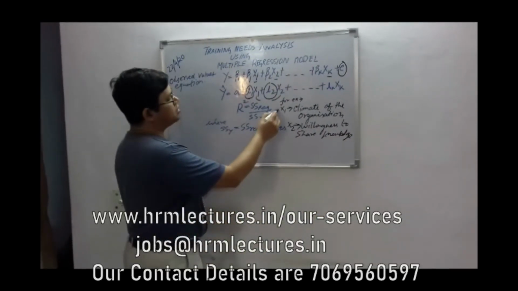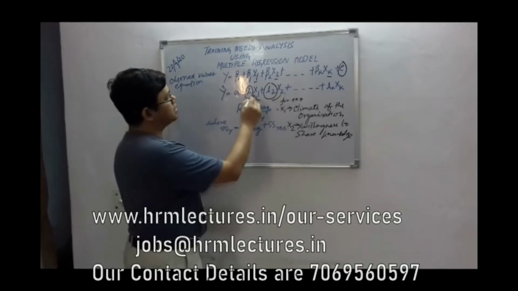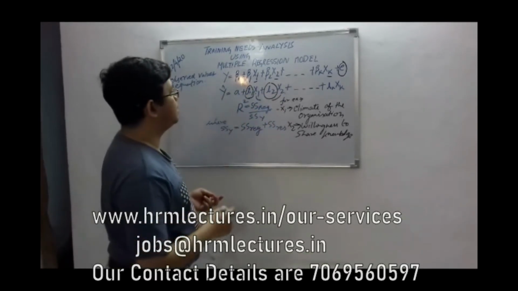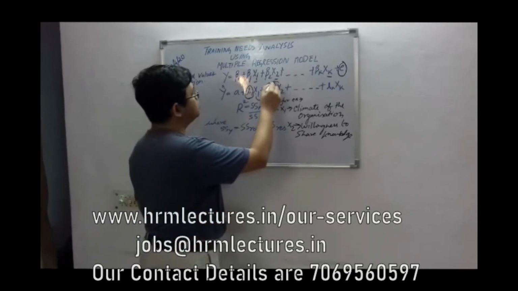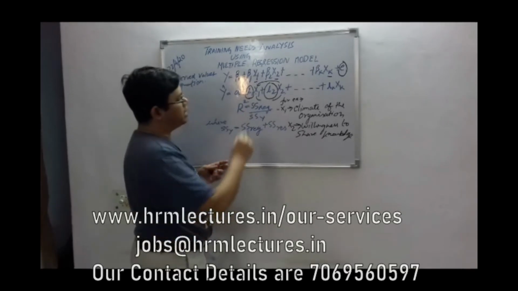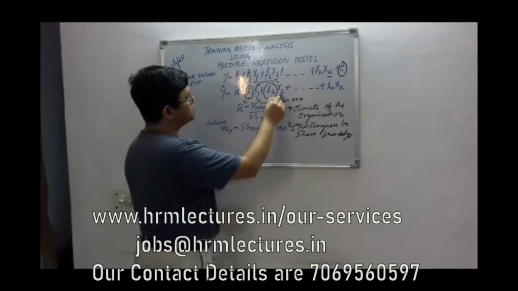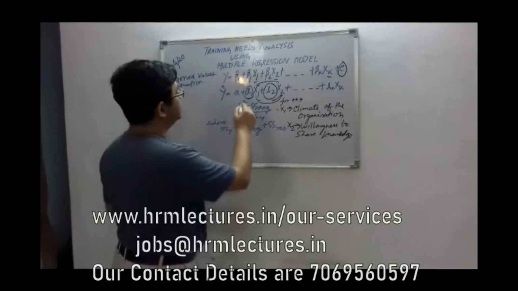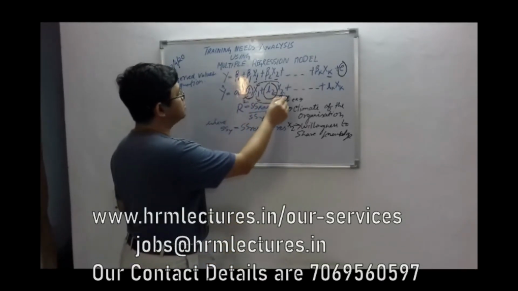So suppose these are the two variables here, these are the two independent variables, and we want to find out how far x2 has been putting any influence on x1, or x1 has been putting any influence on x2. So we have to regress, and we take these as the partial regression coefficients.